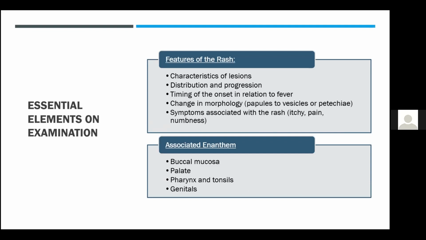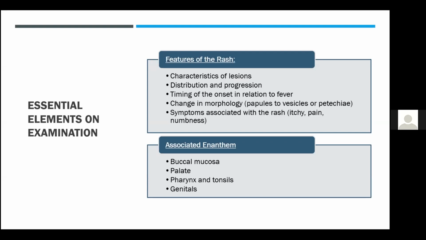And then you want to look at the rash itself and look at the features of the rash. There is a differential for maculopapular rashes or petechial or diffuse erythroderma. Is there a positive Nikolsky sign? Where did the rash start? When did the rash appear in relation to the fever?